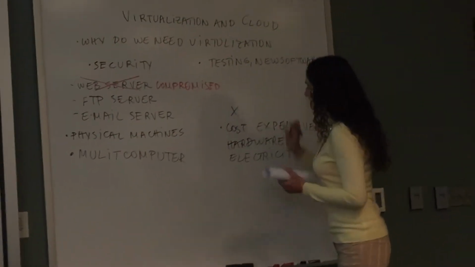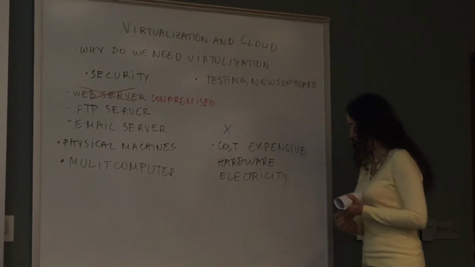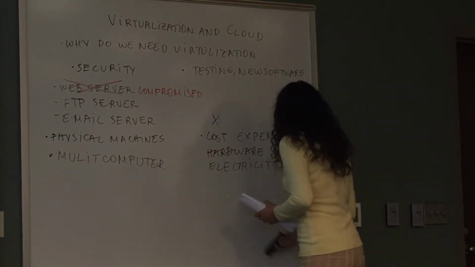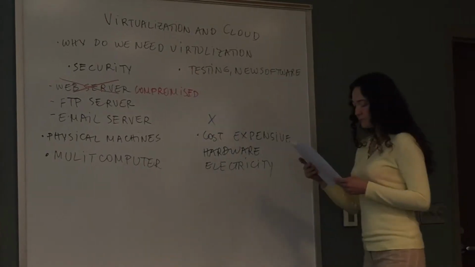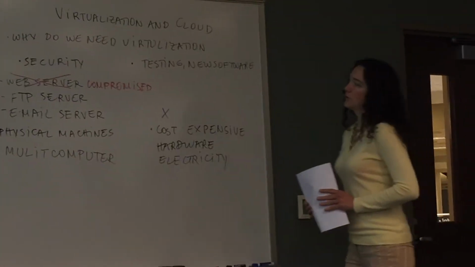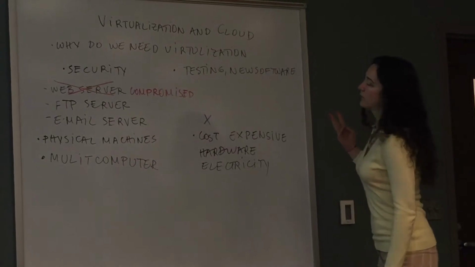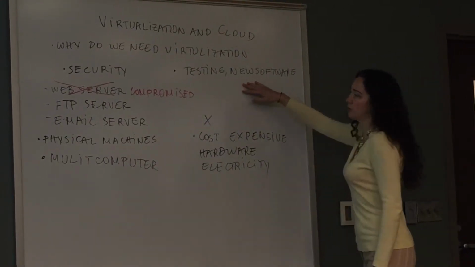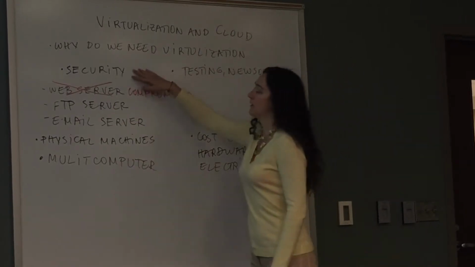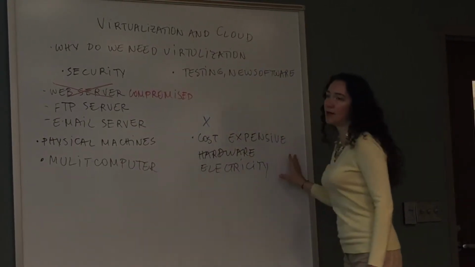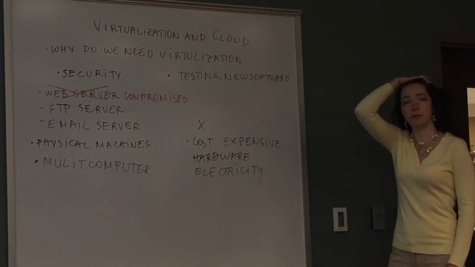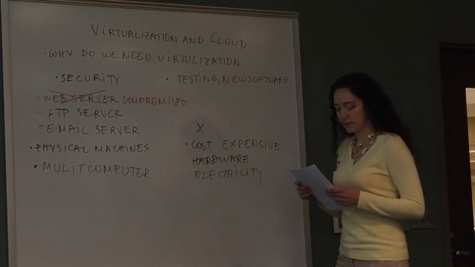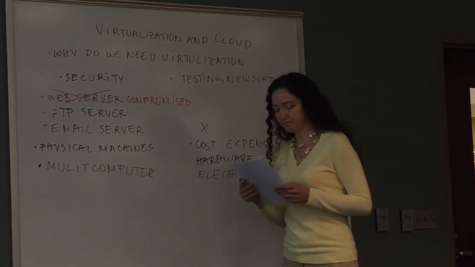It will be more cost-effective solution for us. So we have listed 3 reasons here. The first one was testing and trying out new software. Second one is security, and then the cost of hardware equipment. Can you think of any other reasons we need this?